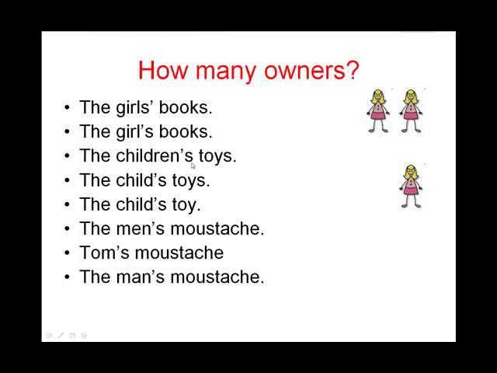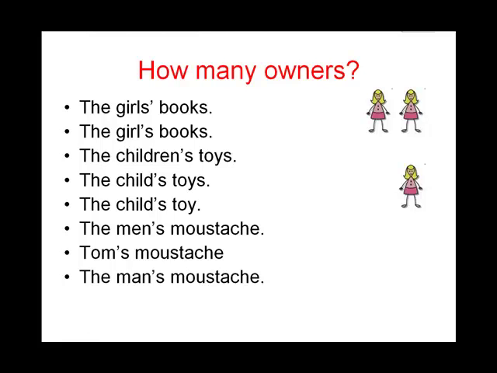Children, apostrophe S. Although children is plural, it doesn't end with an S, so we can use apostrophe S. The child's toys. This is only one child, so apostrophe S. The child's toy. This is very similar to the previous one, but in this case there's only one toy.